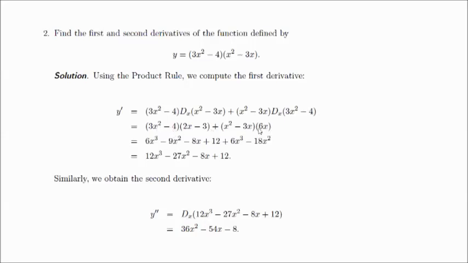And then, so na-derive na dito, sa part na to is just simplification. Okay? FOIL method. This one, 6x cubed. This one, minus 9x squared. And then 8x. And then 12.